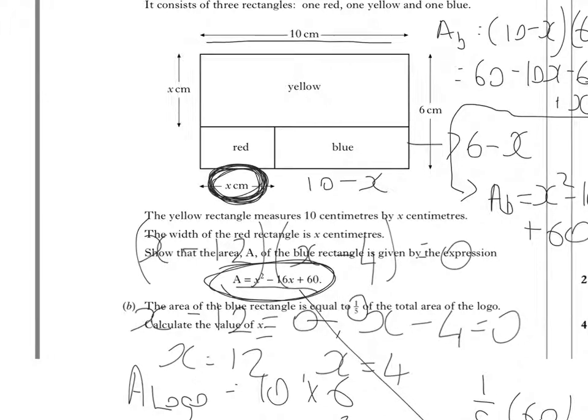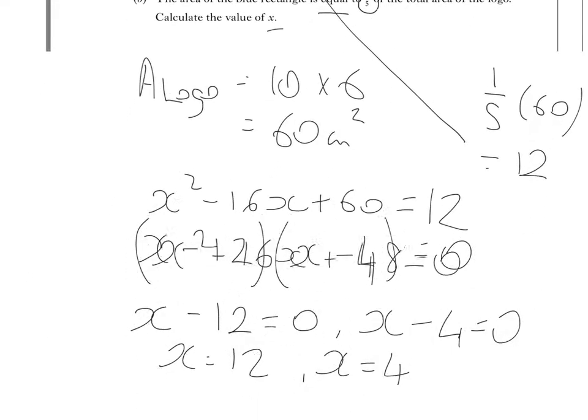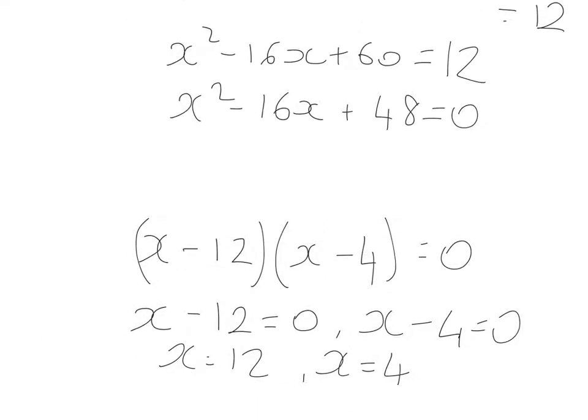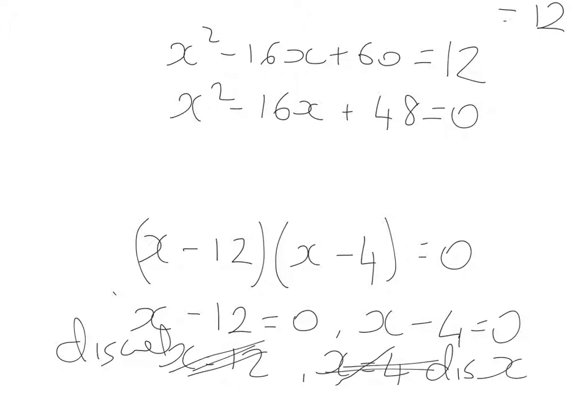So what we need to say is to discard the 12, and the correct answer must be 4. So cross the 12 out, write discard, and the answer is x equals 4. That's the end of the question.